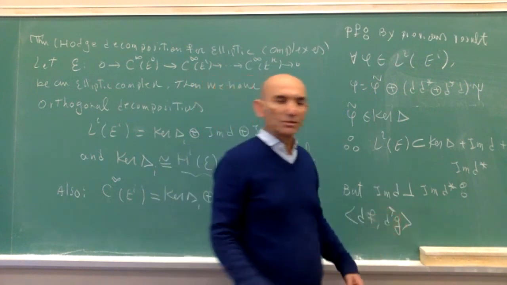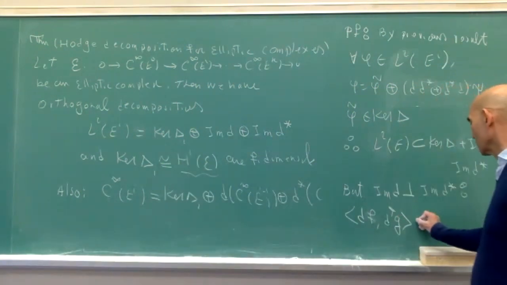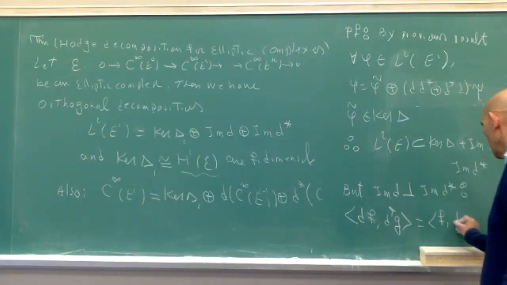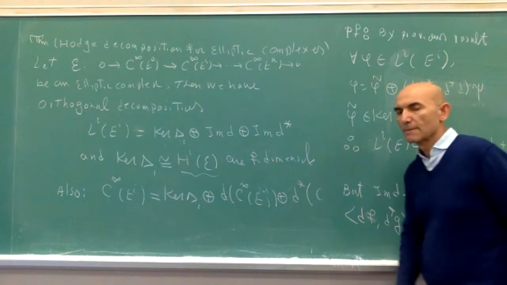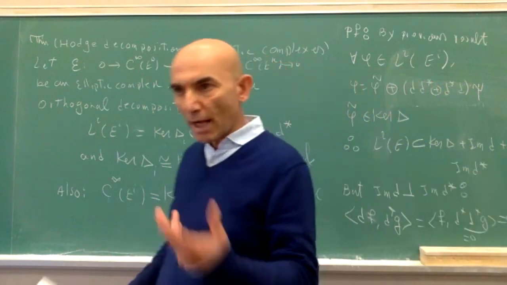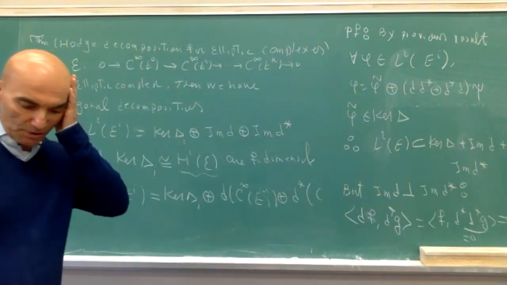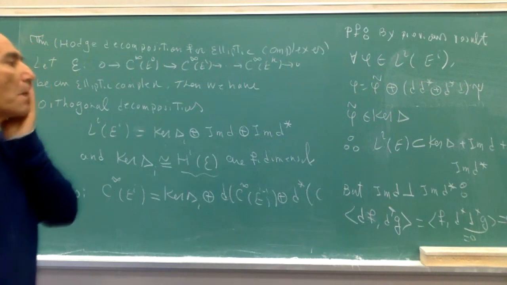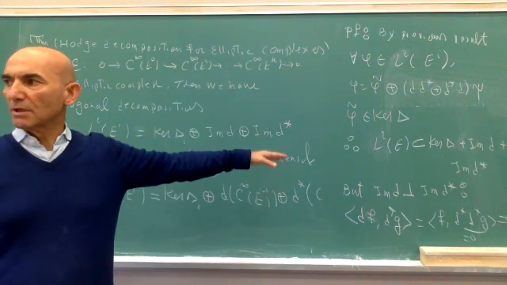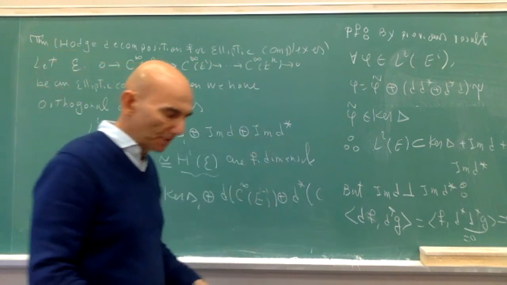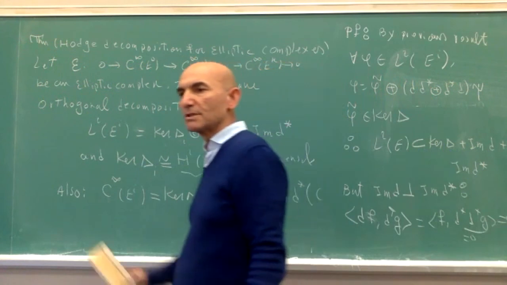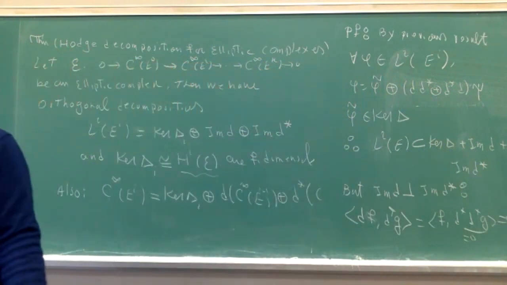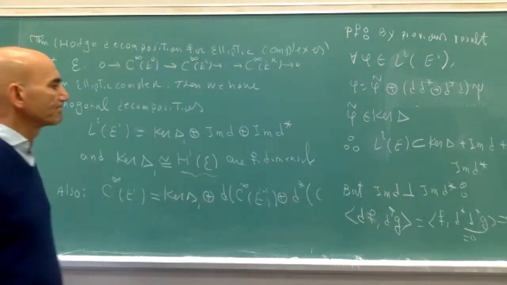Well, this is just the definition of the algebra, and D squared is 0, so this is equal to F, D star D star of G, which of course is 0. So the orthogonality of this decomposition follows, and everything just follows from that statement. So we are done. There is really nothing left to prove after that result that we proved about generalized Laplacians.